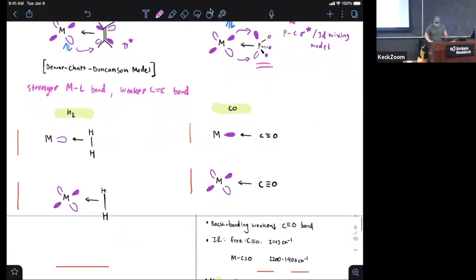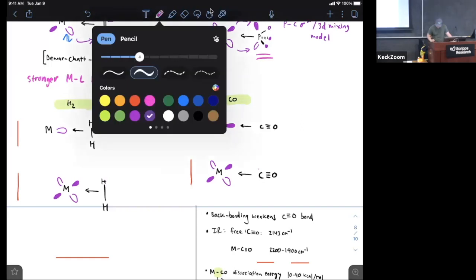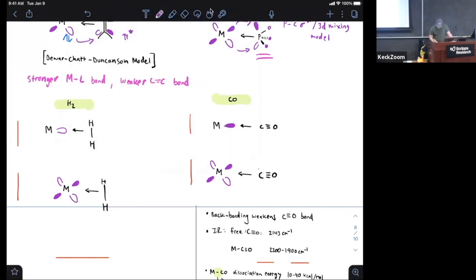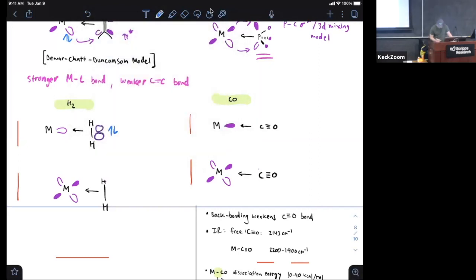Okay, so let's also now consider other types of ligands that can engage in pi back bonding in situations where pi back bonding is a little bit less obvious. So we'll first consider the case of H2, which I think is an interesting one. So the sigma bonding orbital here, which I'll represent in this way, is filled, and engages in a donating interaction to the metal.